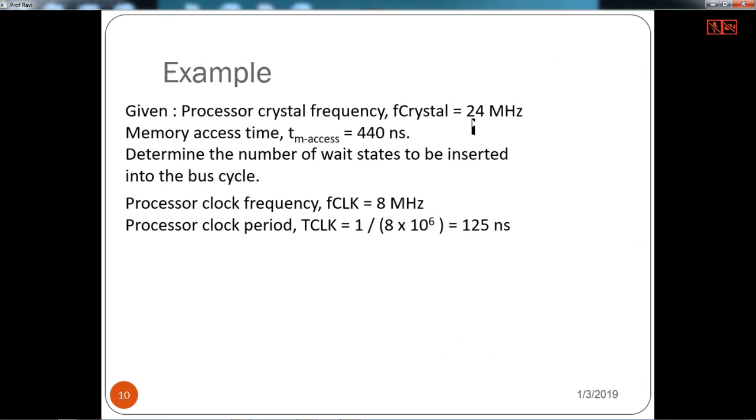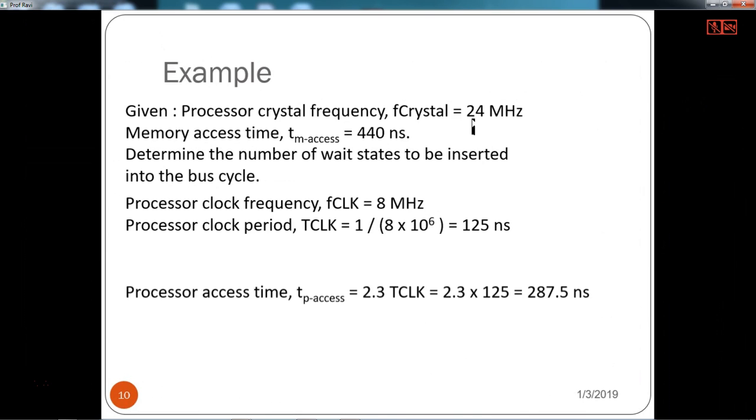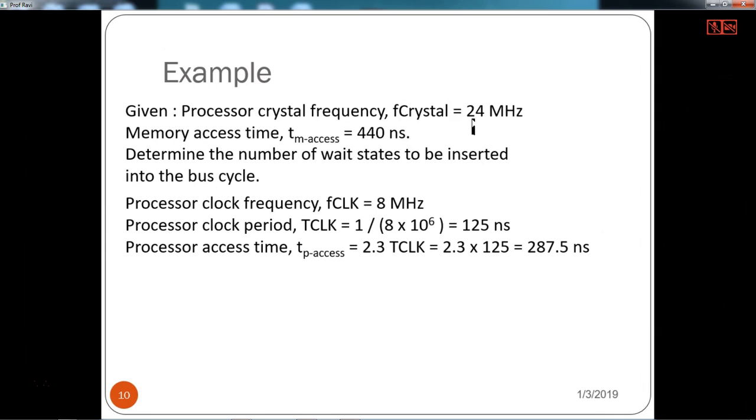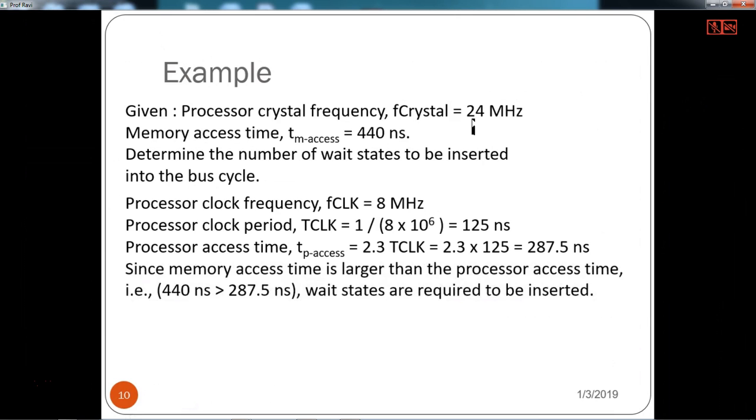Then the processor clock period is 125 nanoseconds. The processor access time is 2.3 clock cycles, as we have seen. So 2.3 into 125 means 287.5 nanoseconds.